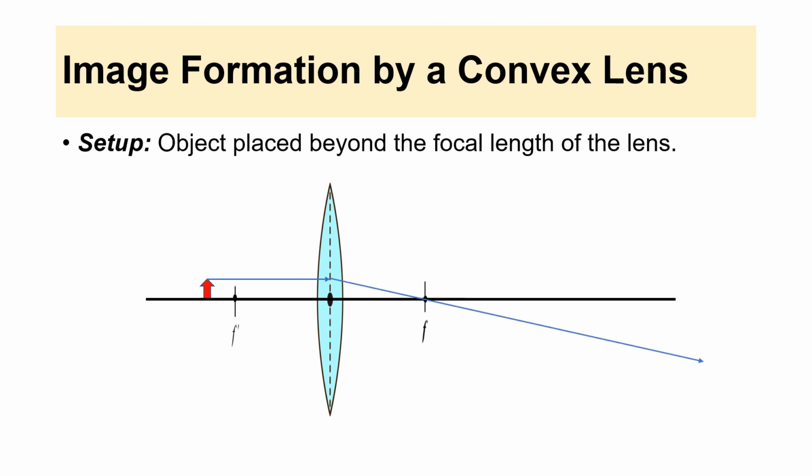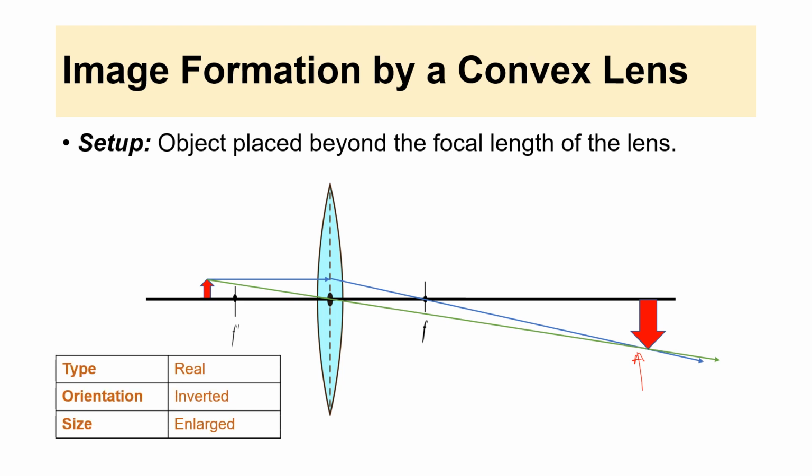And then another ray will be drawn from the tip, allow it to pass through the optical center. Then we can see the intersection here. So that will be our basis in drawing the image. So again, since the image is formed on the opposite side, the type is real, the orientation is inverted, and the size is enlarged.